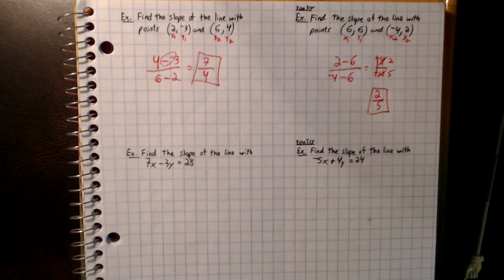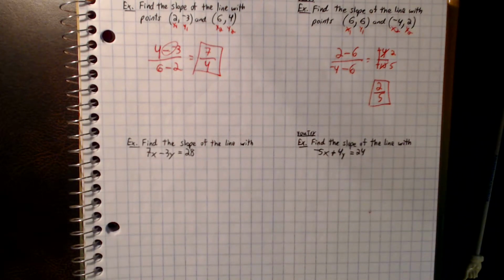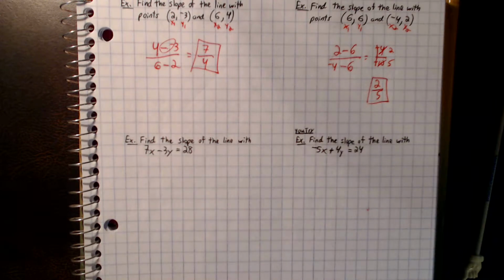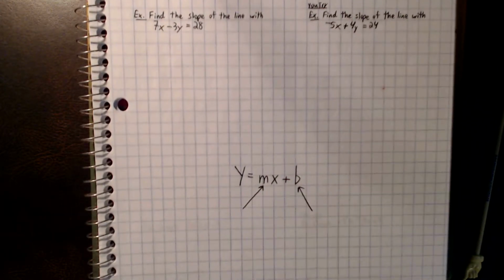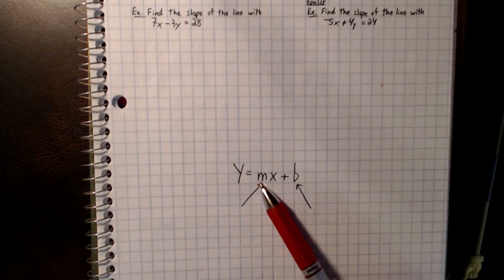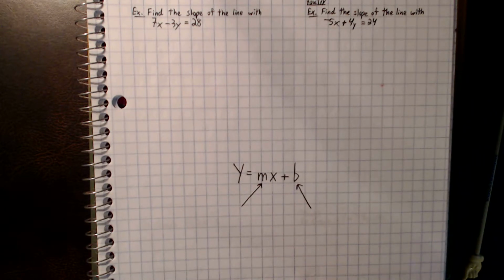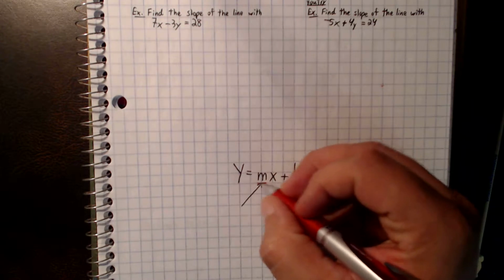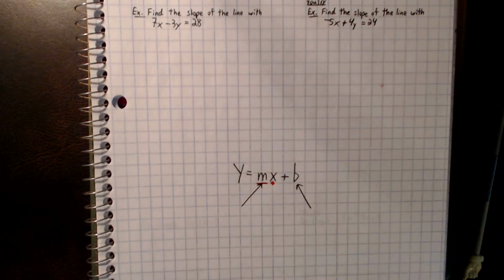Next couple of problems you see here. It says find the slope with the line, and then it gives you this equation. Well, we don't want it in that equation. We want it in that equation. Why? Because as I mentioned, this m term is your slope, right? We call slope m. So what you notice here is that it's whatever's attached to your x, right?